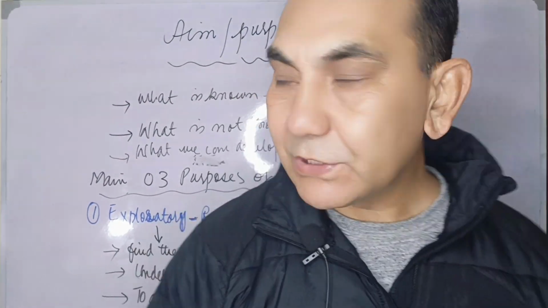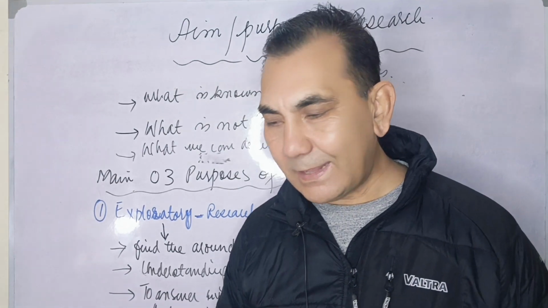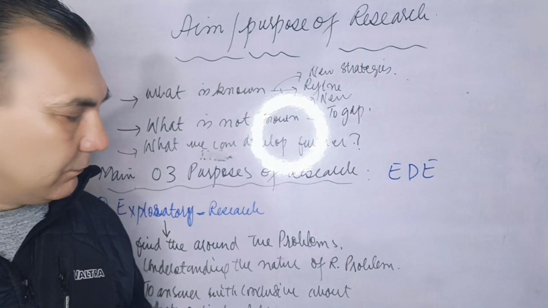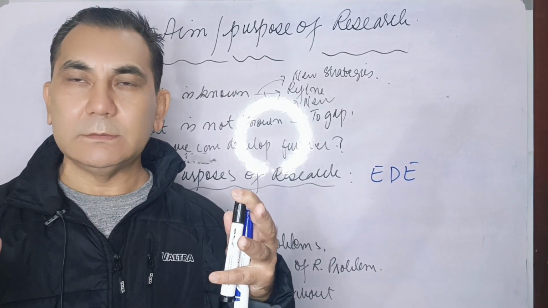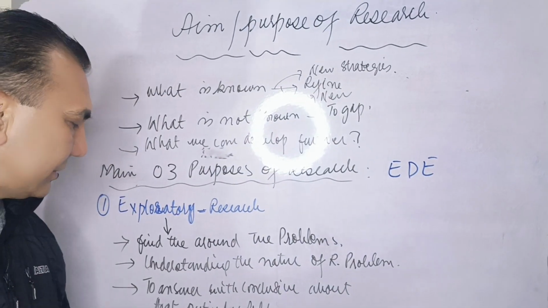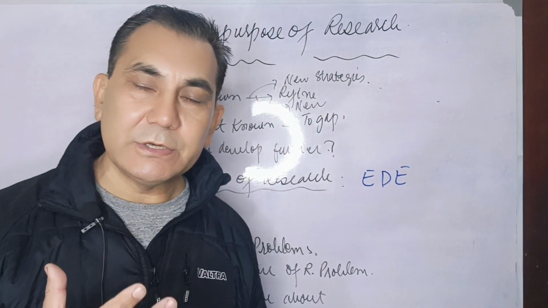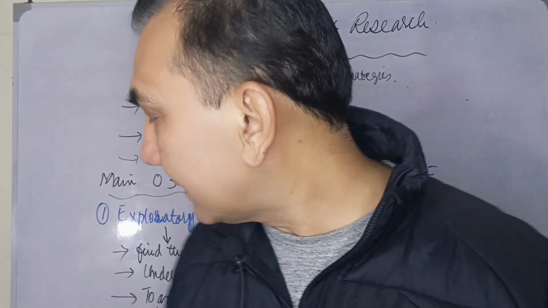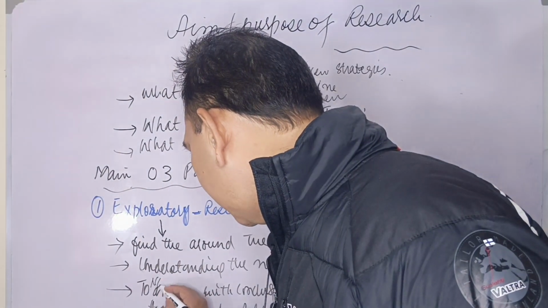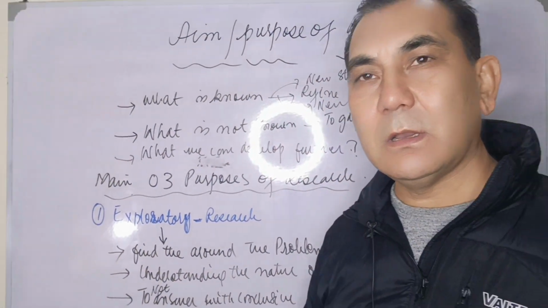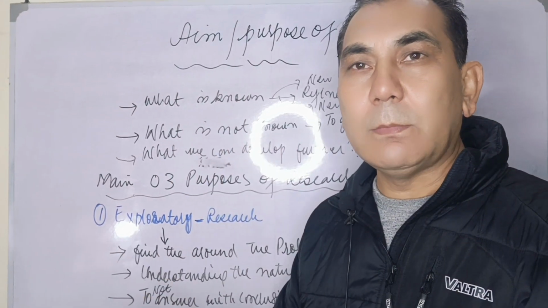In exploratory research, you find out around the research problem, and you give an understanding about the nature of the problem, which is not defined clearly yet. It does not give a conclusive answer about the particular problem.